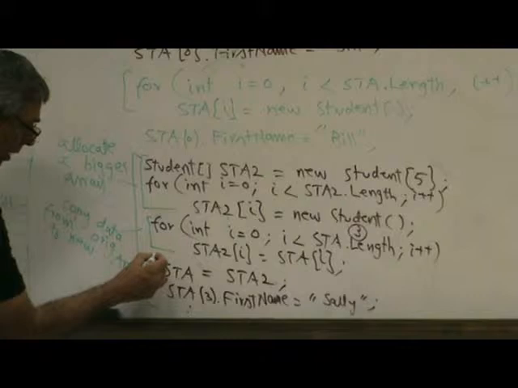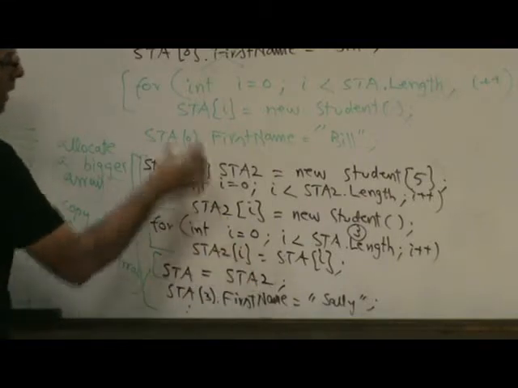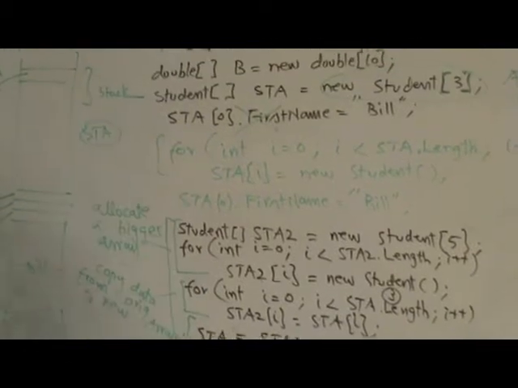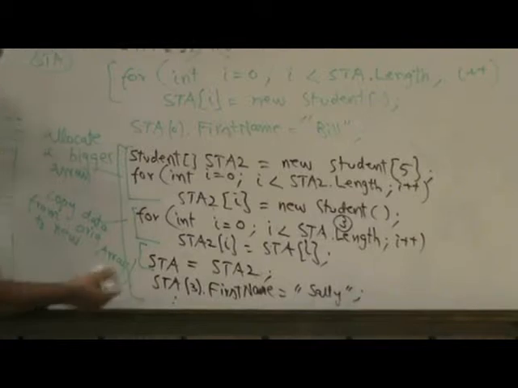Now, what's this part doing over here? Basically, we don't need the new array name because in our code everywhere we were using sta. So now we are saying sta2 becomes sta.